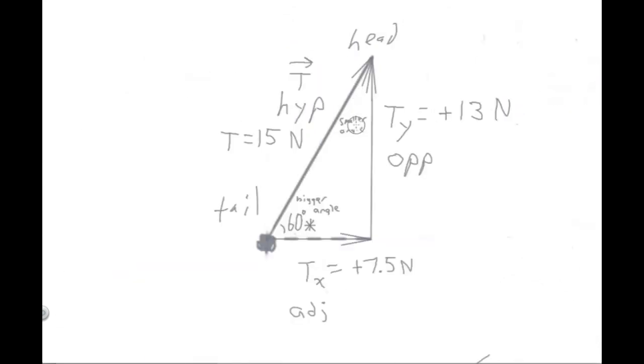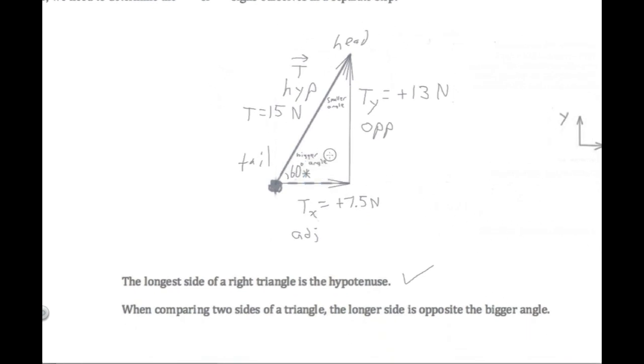This angle is bigger than 45 degrees, so even without doing the calculation, it should be clear that this angle is smaller than 45 degrees. Well, notice here that our bigger angle is opposite the longer side of 13 newtons, and our smaller angle is opposite the shorter side of 7.5 newtons. So that also is consistent with this rule. That checks out.